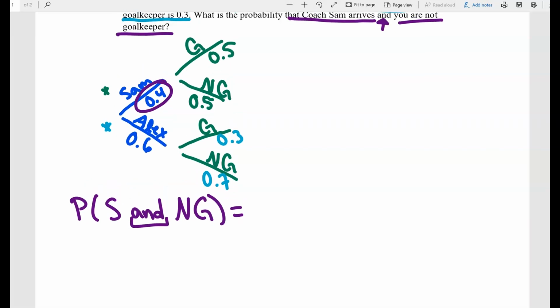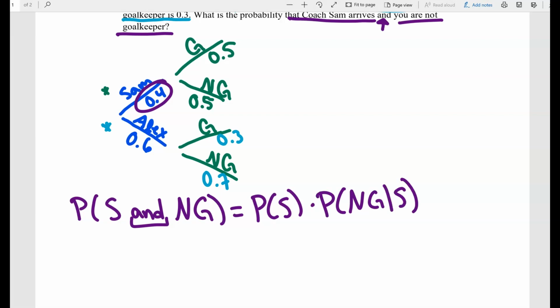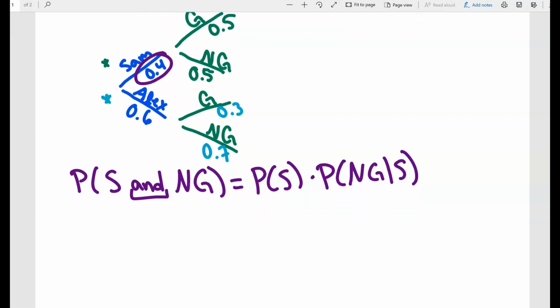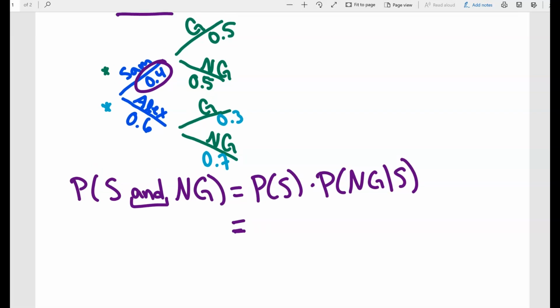Okay, so now we're going to have the probability of Sam appearing times the probability of not being goalkeeper given that Sam appeared. So this is just a formula. Now, again, you don't need to memorize this formula. You don't even need to write it out because all you have to do is multiply the probabilities along the branches.